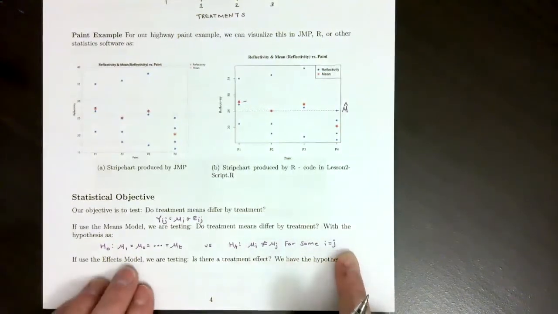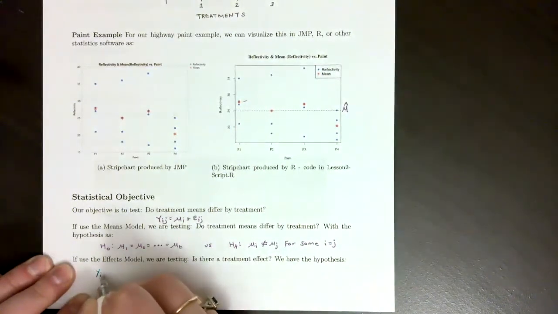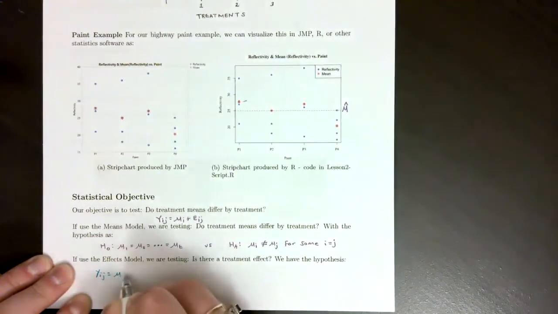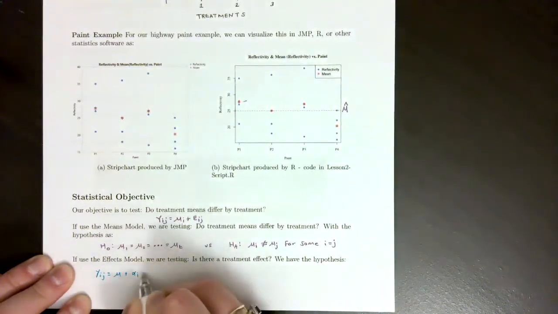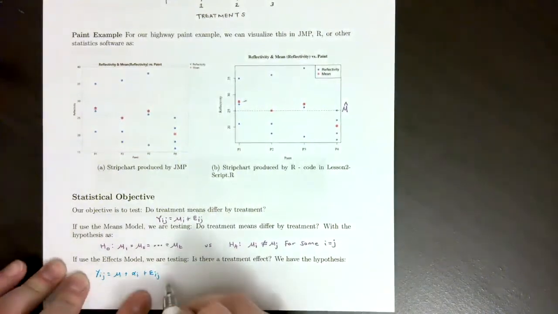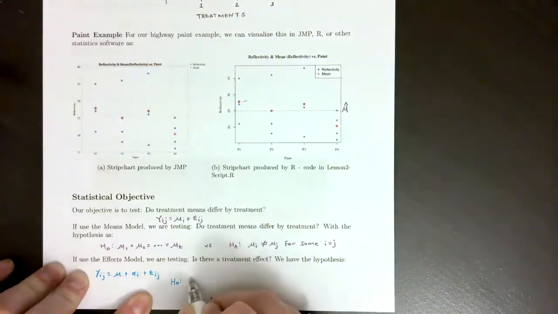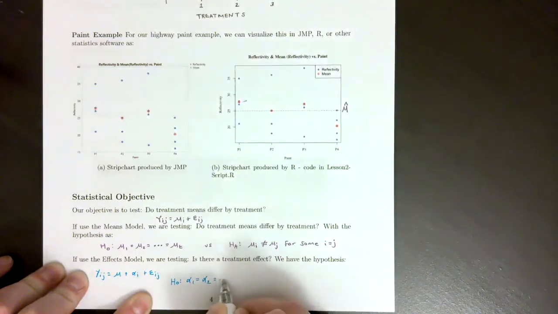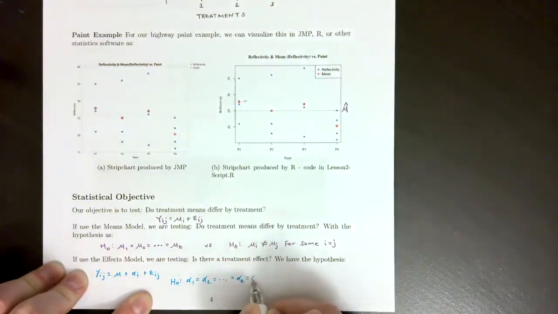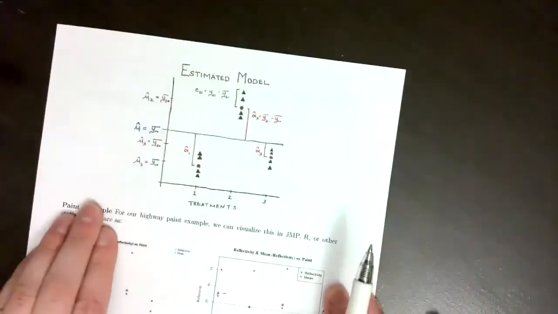Now, if we were using the effects model, y_ij equal to the overall mean plus the treatment effect plus our error, then our hypothesis would look something like this. Alpha_1 equal to alpha_2 dot dot dot equal to alpha_t is going to equal 0. Again, the 0 comes back into play when we're looking at these.